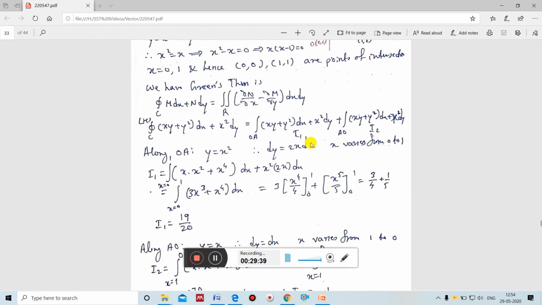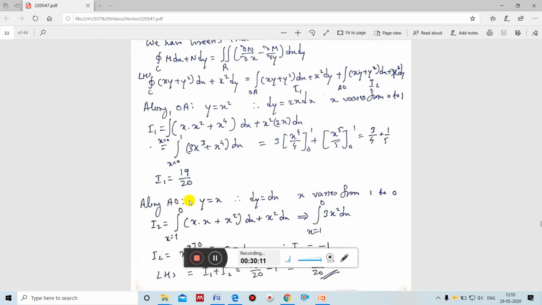So put these in this formula, and we get the integral from 0 to 1 of (x³ + x⁴) dx + 2x³ dx. On simplification, (3x³ + x⁴) dx. So integrate with respect to x: 3x⁴/4 + x⁵/5. Then put the upper limit and lower limit and simplify, we get I1 = 19/20.